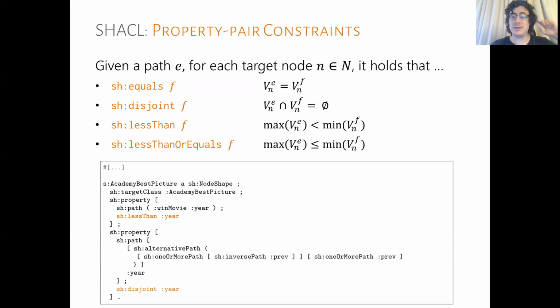Similarly, if you go backwards through the previous edges to 1931, 1932, 1933, what you're saying here is essentially that in this path of previous in any direction and then year should be disjoint with year. So year being the year of the current award. So we say that these are disjoint.